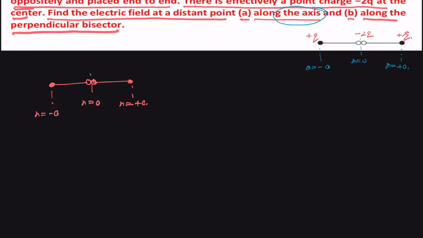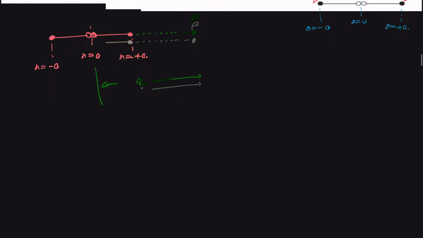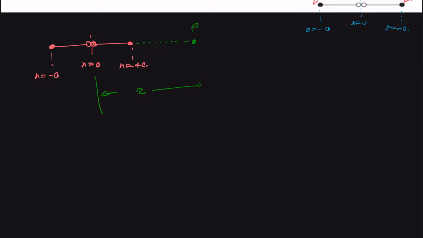And let us take a point somewhere here on the axis, and that point is at a distance r from the origin. And we are supposed to find out electric field at this point P. Therefore, from this end, the distance will be r minus a, and from the other end, the distance will be r plus a. From the origin it is r.